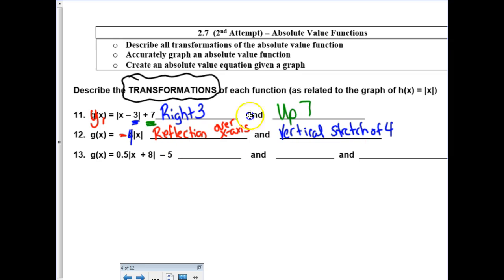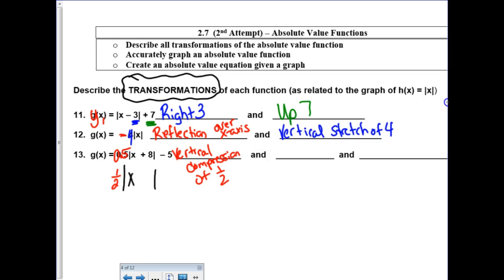All right, and then the third example, there are 3 transformations you have to identify. So the first one is the 0.5 that they put in front. That's the same thing as putting a 1/2 in front of the absolute value. So I know what you're talking about if you call that a vertical stretch of 1/2. The technical term, though, is a vertical compression or a shrink. So I'm going to call it a vertical compression of 1/2.